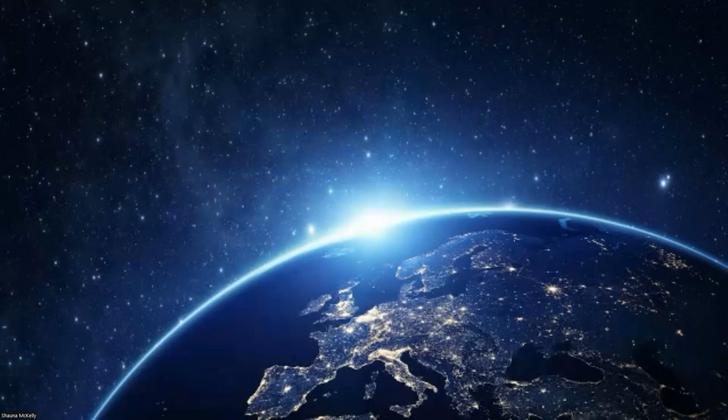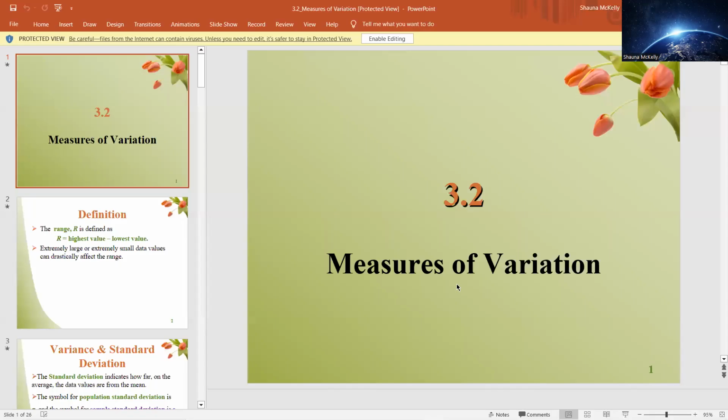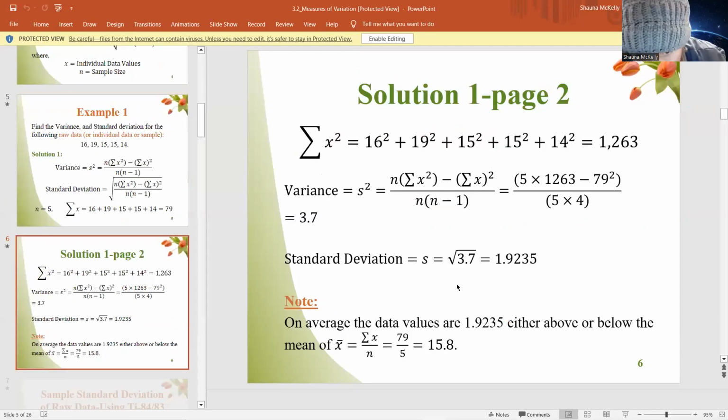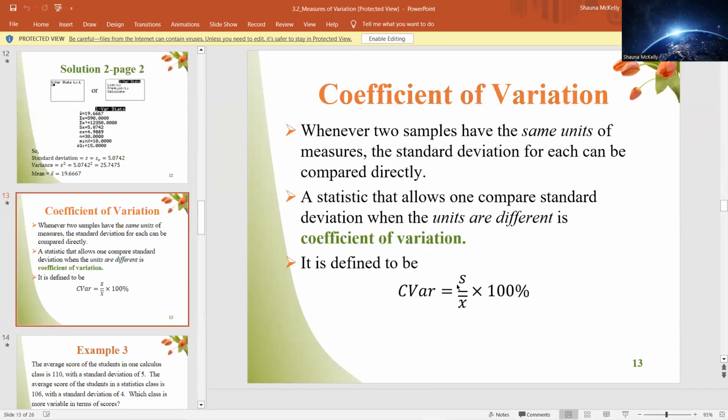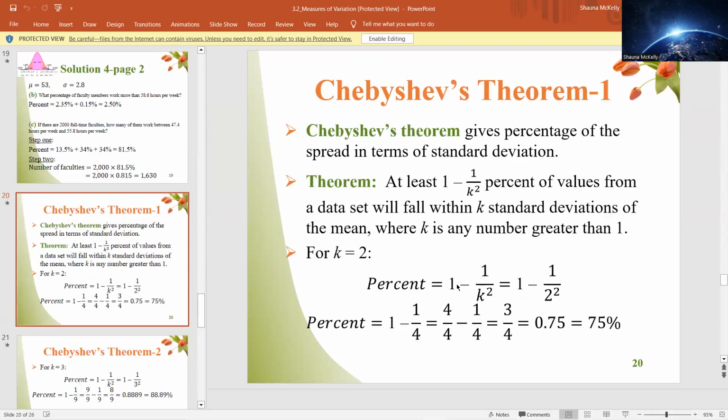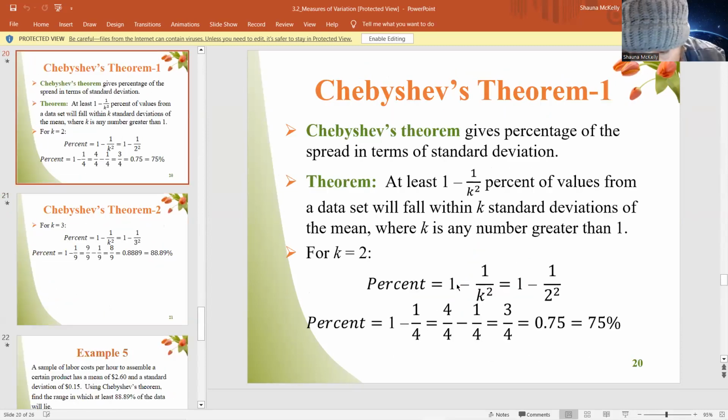Here's the slides for this lesson. If you look at the last part of this lesson, Slide 20, Chebyshev's theorem, okay? Here's your percentage formula, 1 minus 1 over k squared. For k equals 2, we have a percentage of 75%, okay? So we know that there's 75%, so that implies the k is 2, all right?